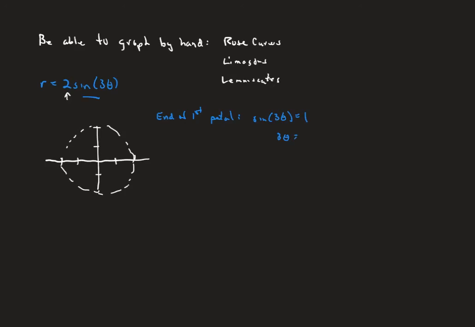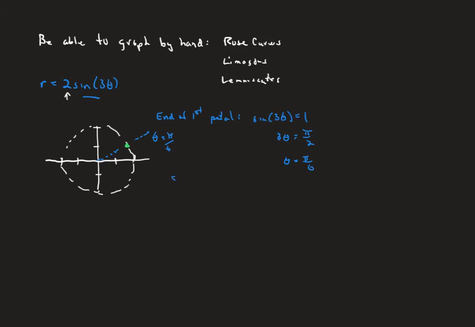So we know that the sine of pi over 2 is equal to 1, so that means we want to find a value of theta that when we multiply it by 3 will equal pi over 2, and of course that's going to be pi over 6. So we will go to what we estimate to be an angle of pi over 6. There's our theta equals pi over 6, and I'm going to just put a point on the circle at that point right there. That's the end of our first petal.